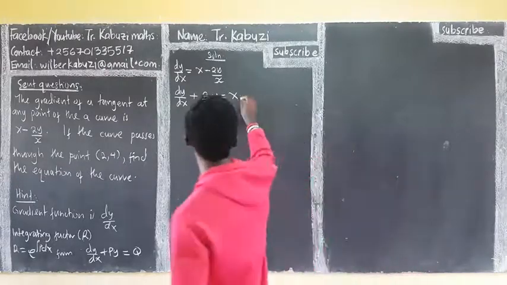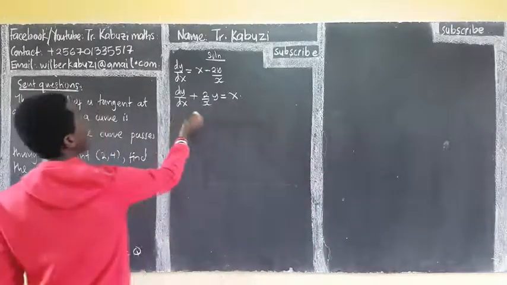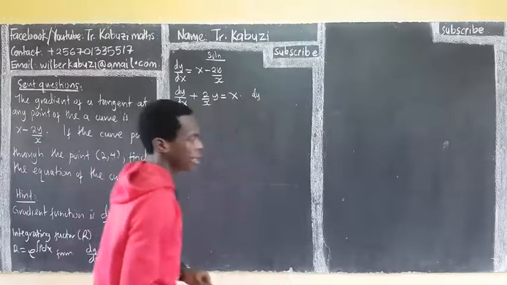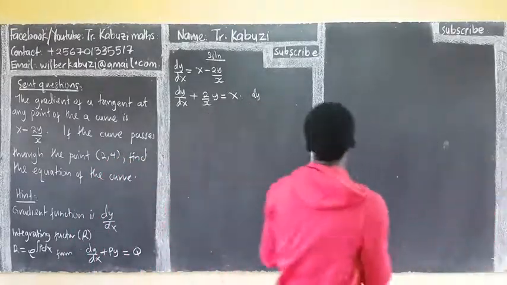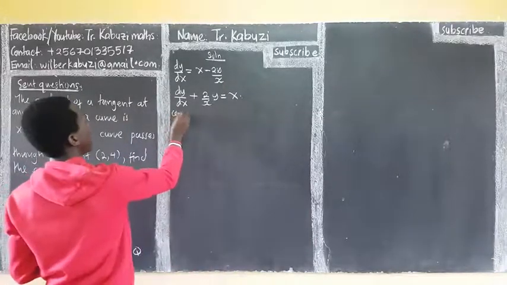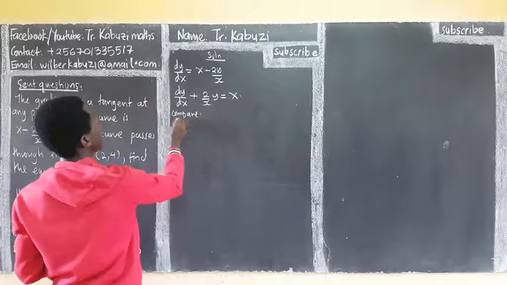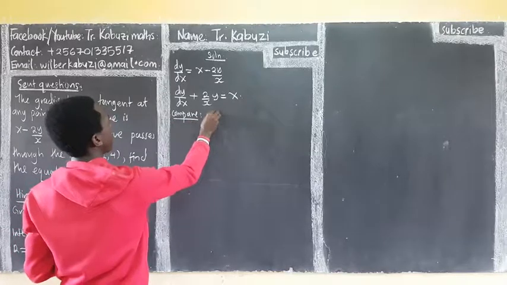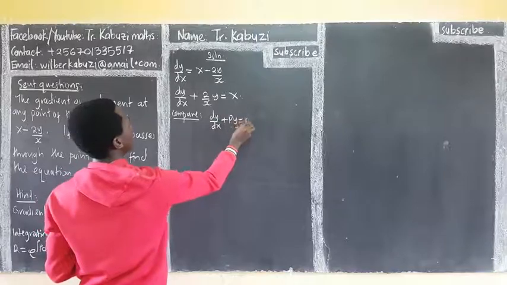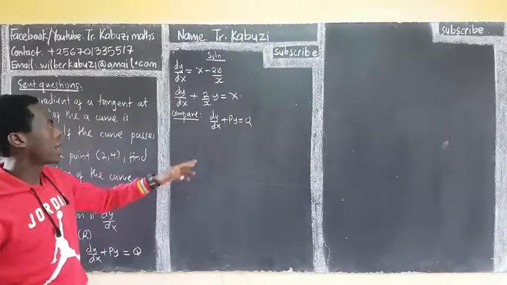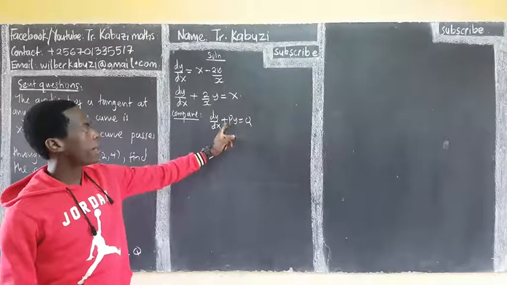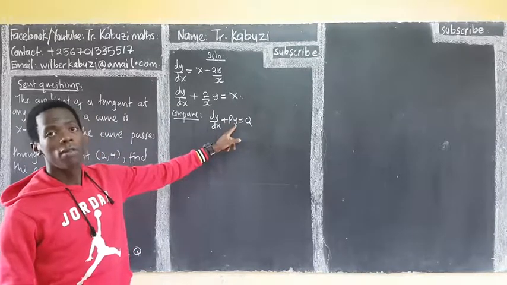So there, if I compare with dy/dx plus py equaling q, from here you can see that my q is this, and always p is the coefficient of y. We only compare if the coefficient of dy/dx is 1. You see it's already 1.